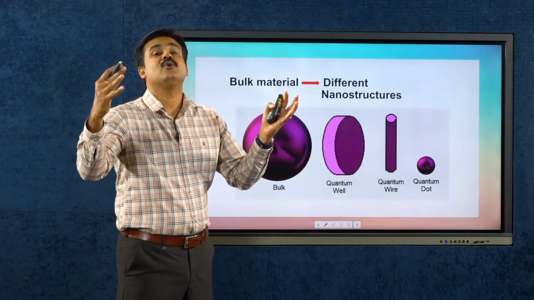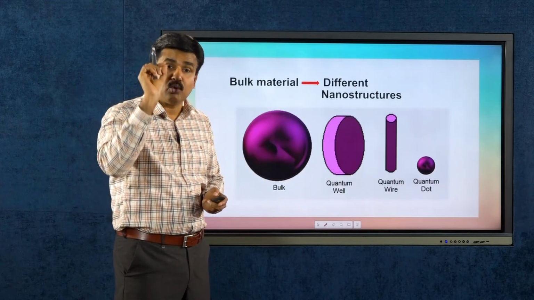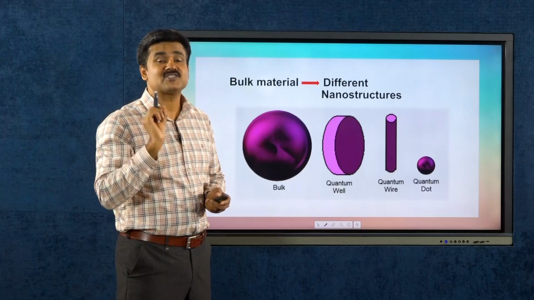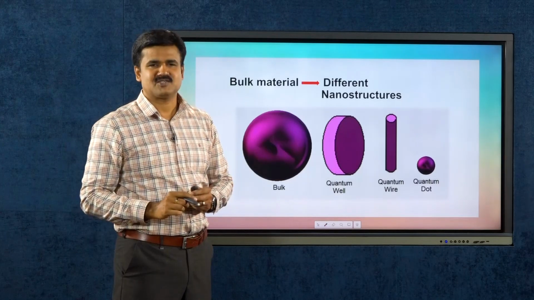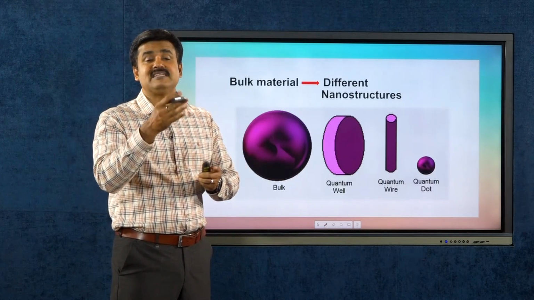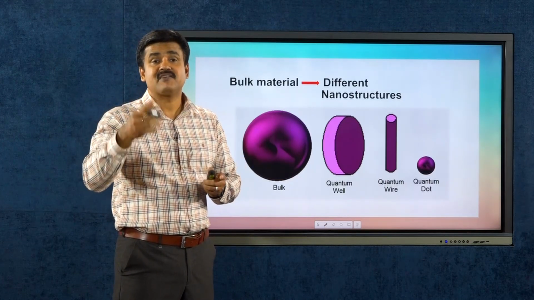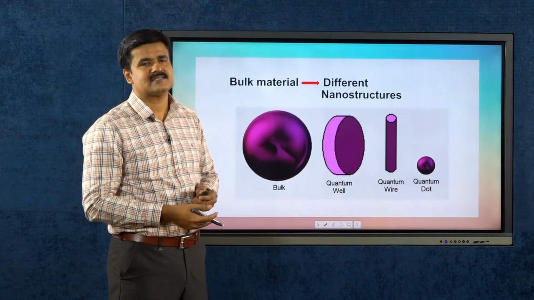If you are pressing in all dimensions, you will get a small particle in all dimensions, that is a zero-dimensional material, that is a quantum dot. This is the transformation. So, it is very clear how a bulk material is transformed into different sized, different dimensions of nanomaterials.